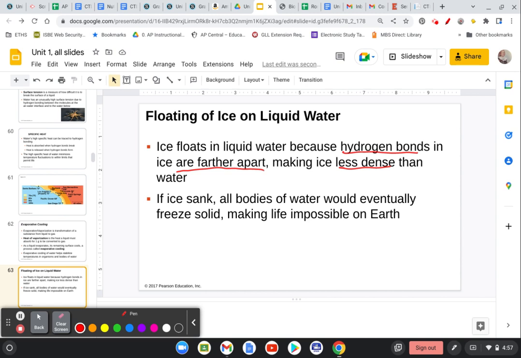You would not be able to live in that body of water because there would be nowhere for you to hibernate or reduce your metabolism while it's cold, and then come back out in the spring and live your fishy life. The fact that fish are at the bottom of the water and the ice is at the top allows them to survive over the winter time.